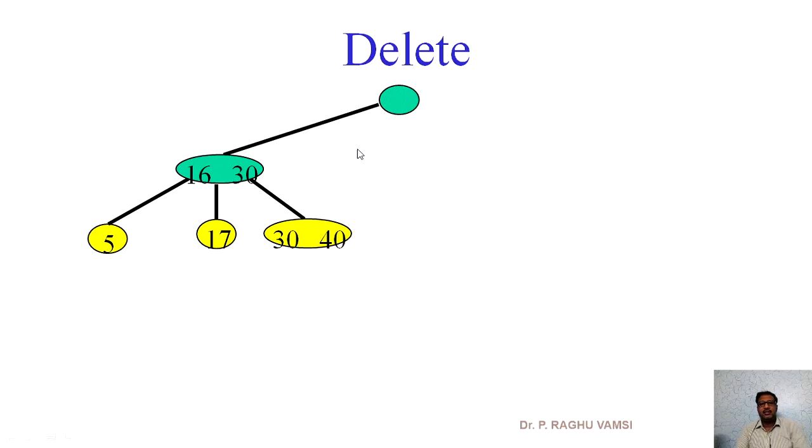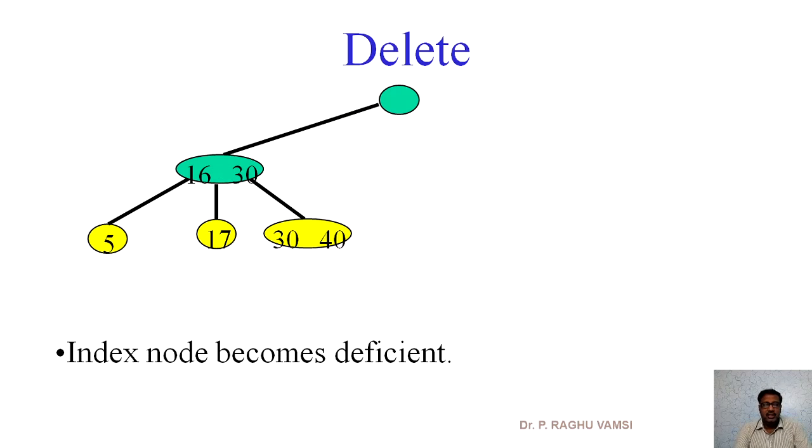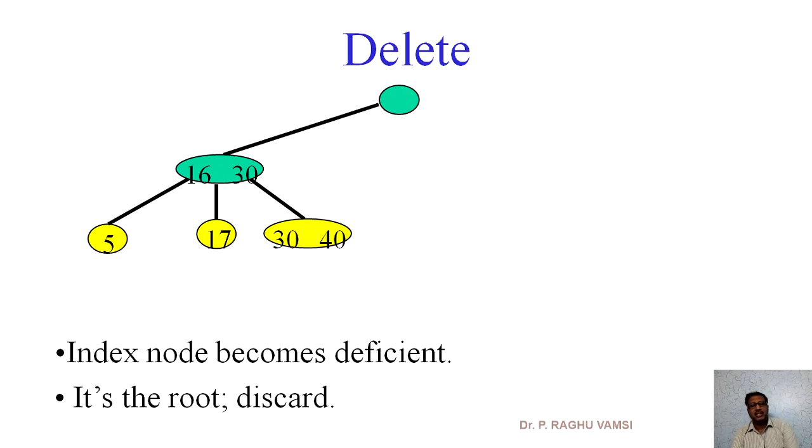So what you are supposed to do is remove this particular root and make this 16, 30 the root. So that is what is mentioned here. The index node becomes deficient. Then you are supposed to make the 16, 30 node the root node and discard the old root node.